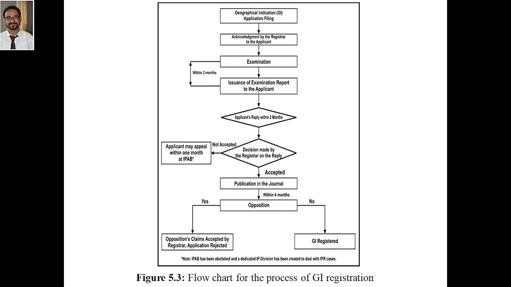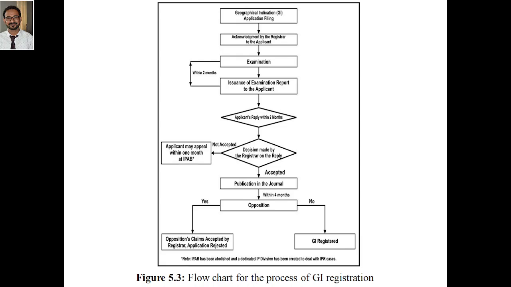If they are satisfied based on your response, they will take a decision. So the decision is made by the registrar on the reply. When you reply, based on that report, they will take a call whether it should be accepted or not. If it is accepted, then it will be published in their journal. If any oppositions are there, 4 months time will be given.